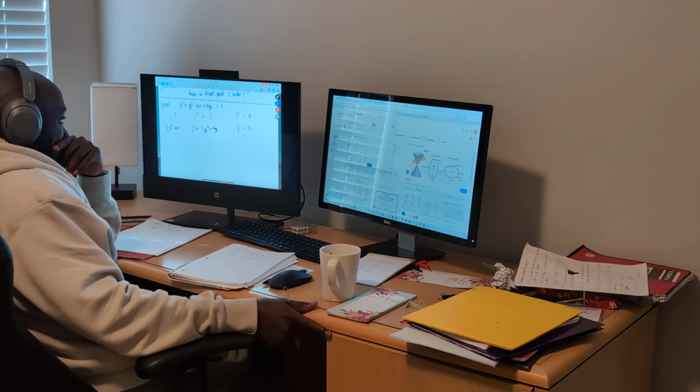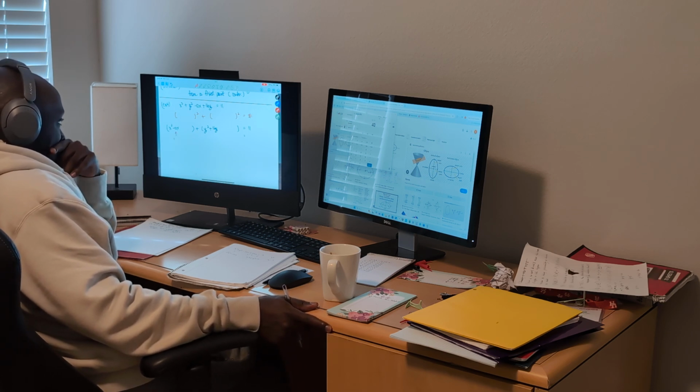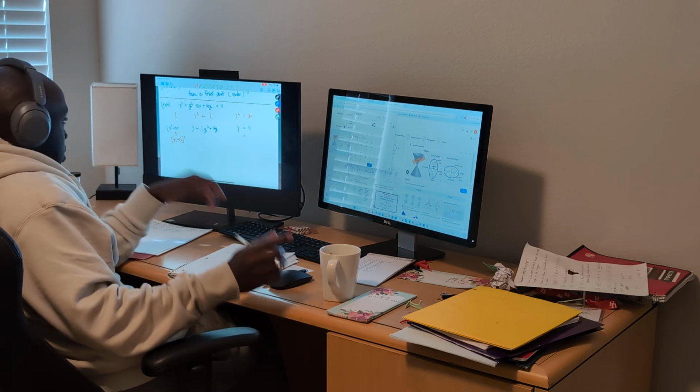And then we're going to do a process called completing the square. We're going to take half of this negative 10 and square it.